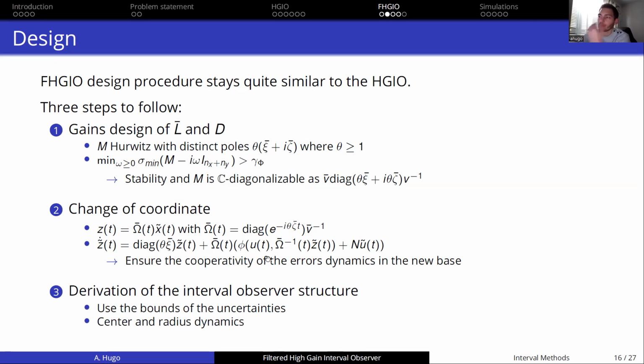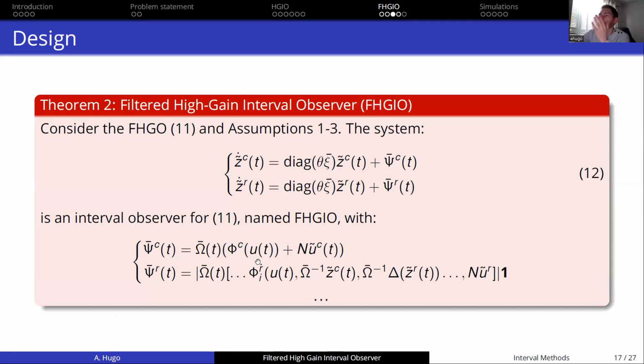And once we have the observer state in the new base, we are able to derive the interval observer structure using the bounds of the uncertainties. And so we arrive at the second theorem, which is the one that presents the filter eigen interval observer.